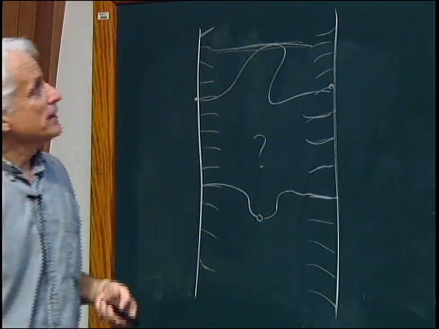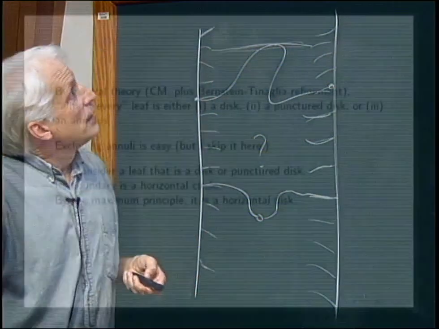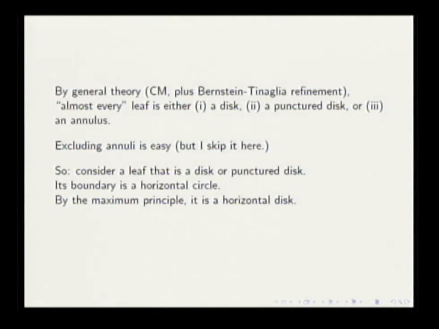So all these so-called good disks, I said almost every disk, technically almost every here means anything that's a limit leaf of the lamination. If you take a leaf in the lamination that's the limit of other leaves in the lamination, it has to be of type 1, 2, or 3 here.